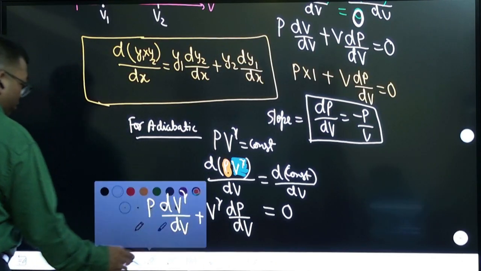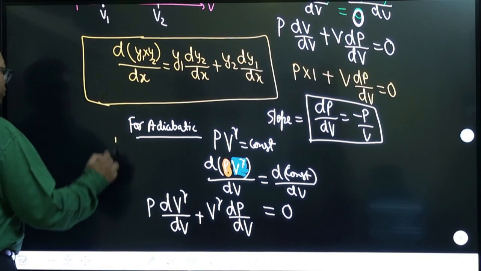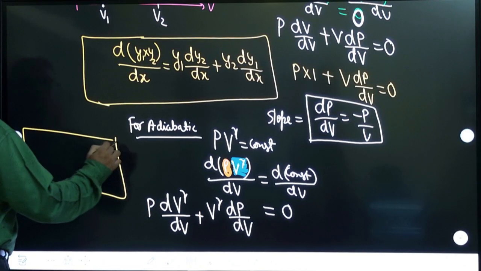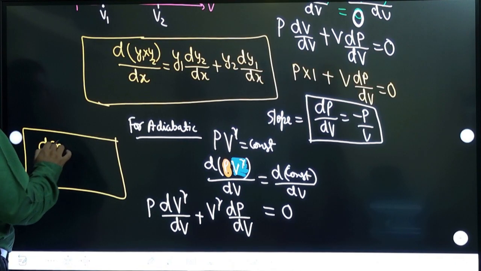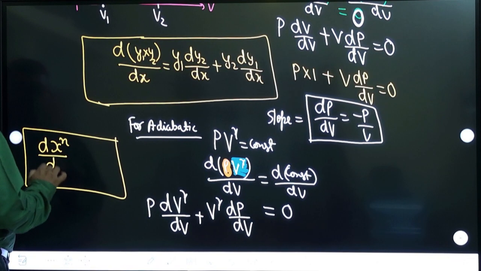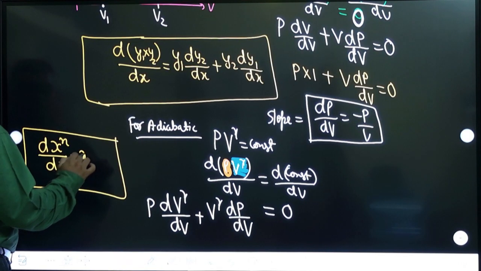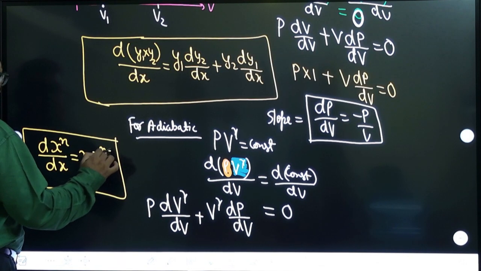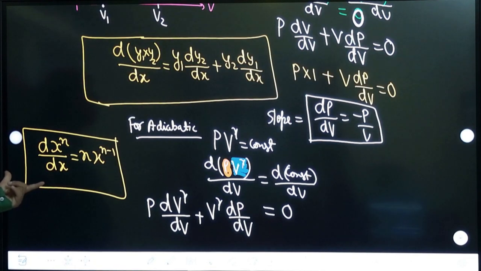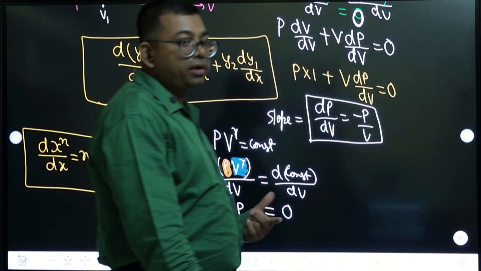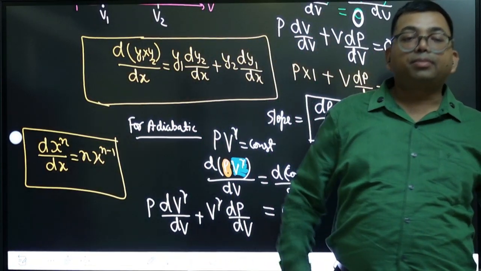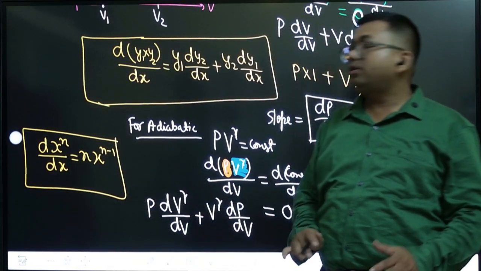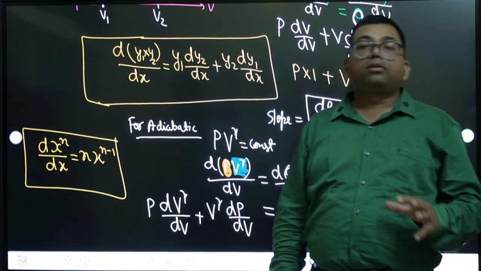Now here is another formula which you need to note. If you do not know the formula, note it; I will come back to it later. The differentiation of x power n with respect to x is n into x power n minus 1. This is a very important formula, and as you are starting calculus and its basic applications, you will definitely use it in a lot of questions.